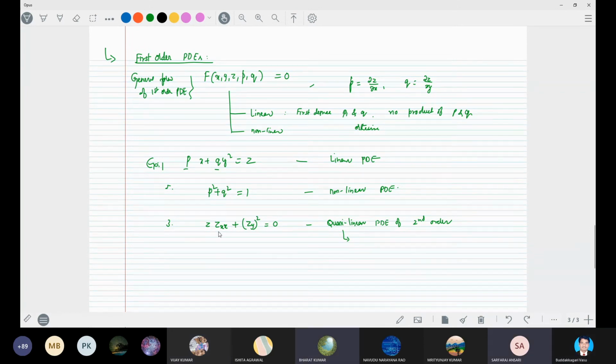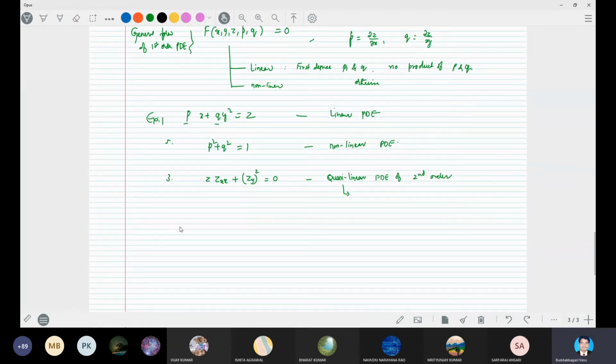If it is zy, this is linear. So if it is higher order, then higher degree, then it will be quasi-linear.